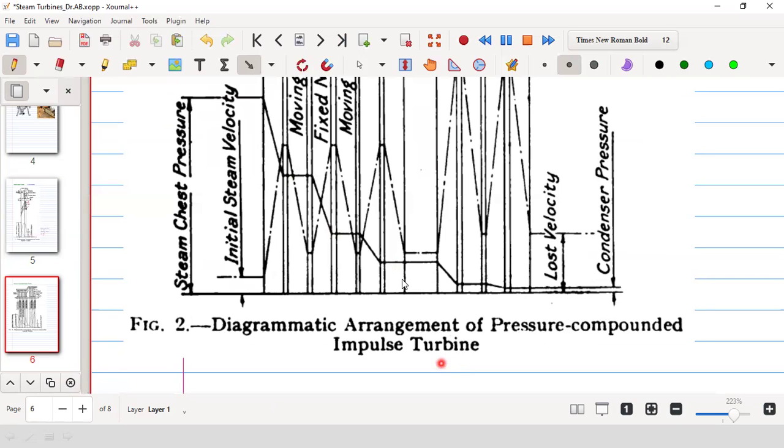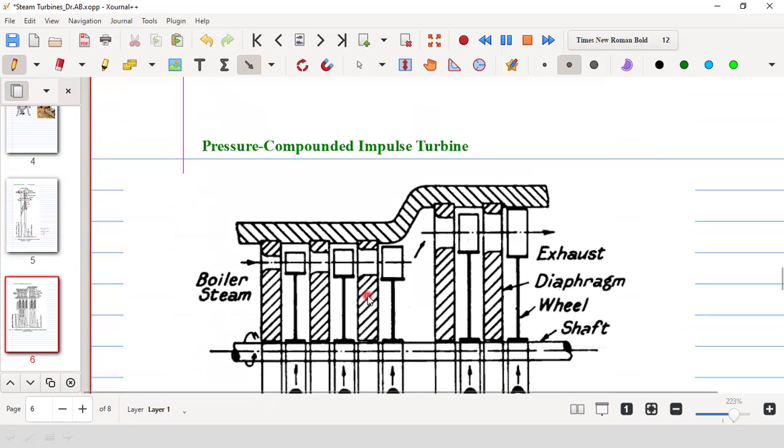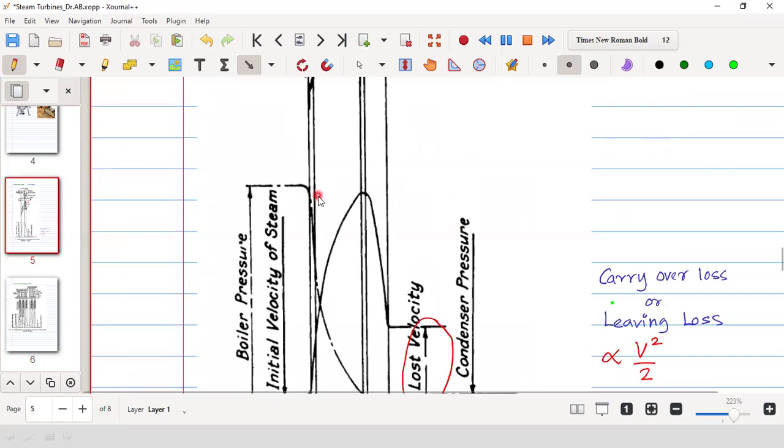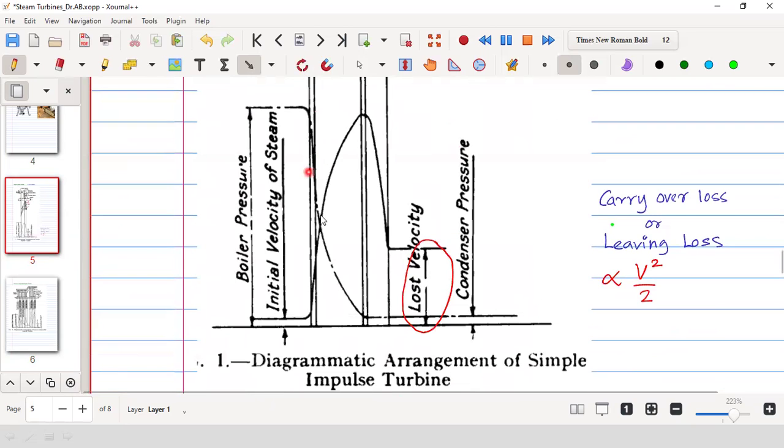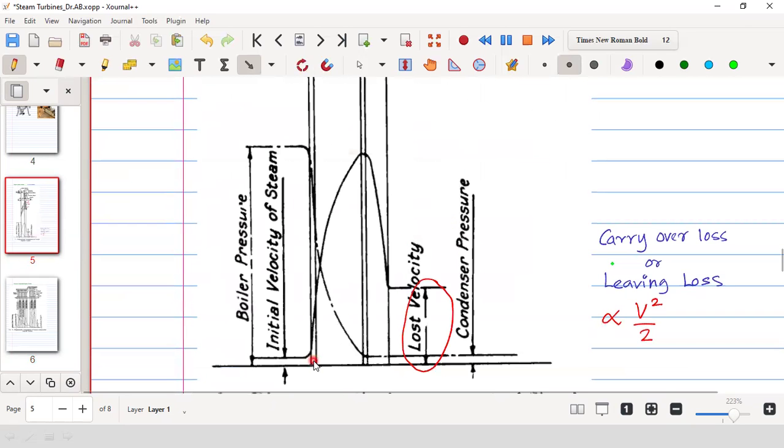So what we are doing basically, you are not allowing it in a single stage. The pressure reduction is done in a number of stages, and therefore you see that velocity increase here is very high, right? Due to that pressure fall.